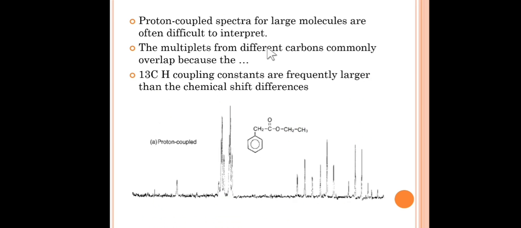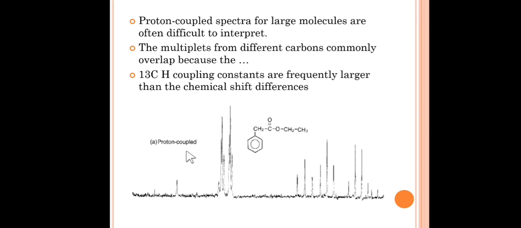Now friends, proton coupled spectra for large molecules are often difficult to interpret. They are very complex because the multiplets from different carbons commonly overlap, since the C13-H coupling constants are larger than the chemical shift difference. So all the multiplets overlap on each other, and we often get a complex spectrum for larger molecules. Proton coupled spectra are very difficult to analyze due to this overlap.